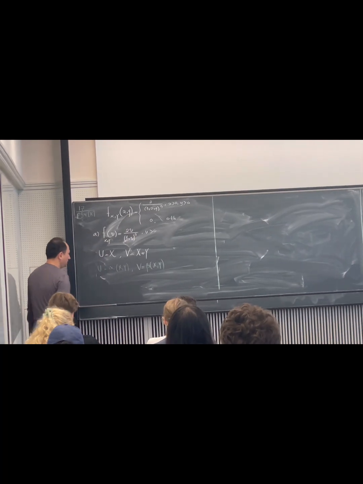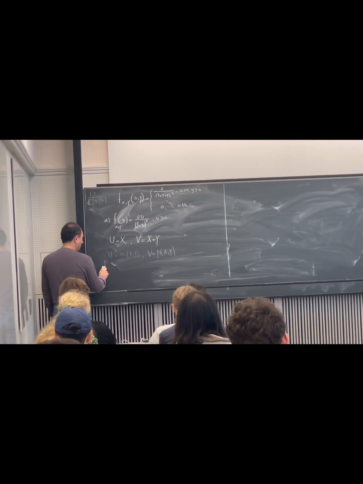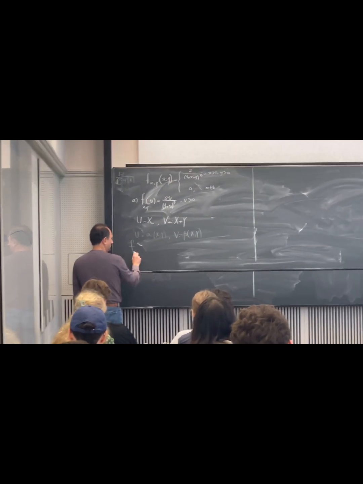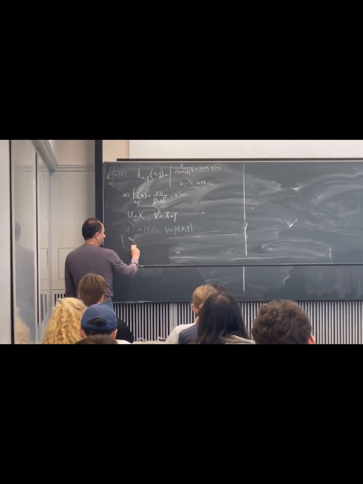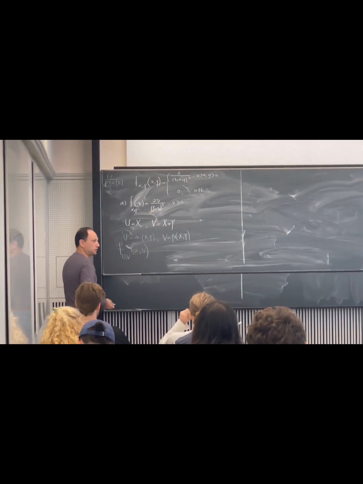If these are the conditions, then if you are interested to calculate the joint probability distribution of these two new variables, u and v, calculated at little u and little v, probably you have seen this.